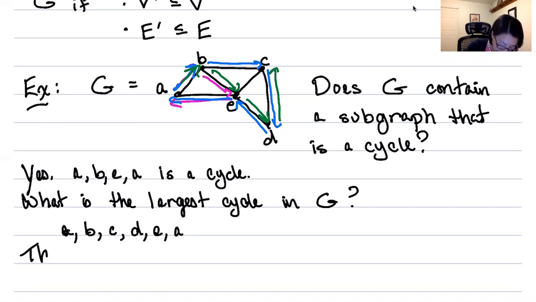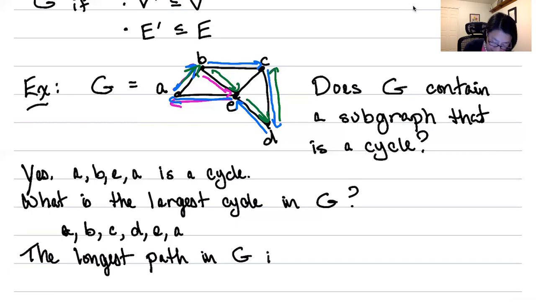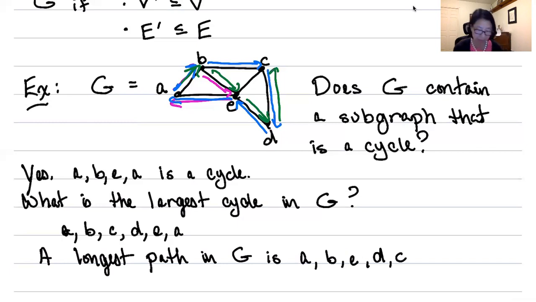So the longest path in G, or a longest path. There might be more than one longest path, but no path can be longer than this because it uses all the vertices, is A, B, E, D, C.